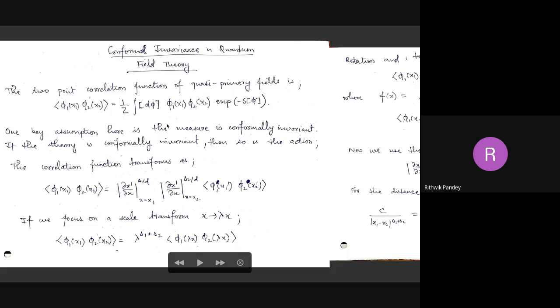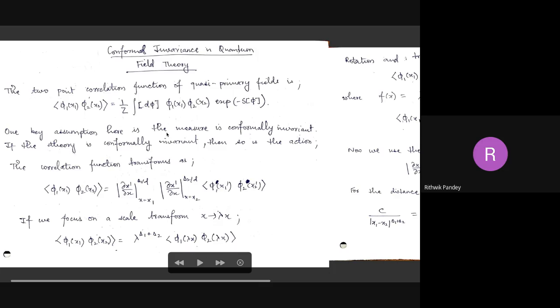Now, if we are talking about a quantum theory which we have quantized, and the theory is conformally invariant at a classical level, the action should be invariant under a conformal transformation. What we are demanding is that under a conformal transformation, the system is invariant, so the correlation function after a transformation and before a transformation should be equal.